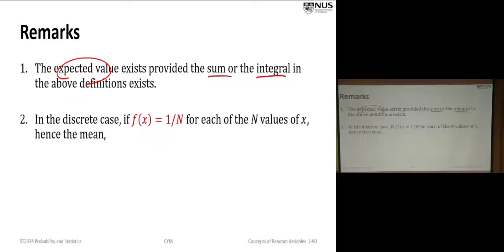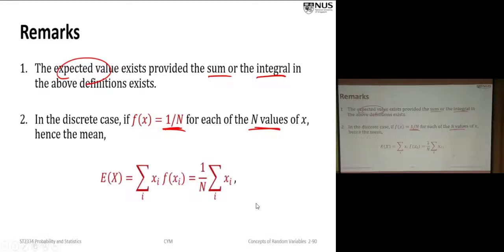If not, it does not exist, that means there is no expected value for that. So for the discrete case, if your f of x is 1 over n, where n is the number of values, then it becomes just like the usual practice, sum over all the observations and divide by n.